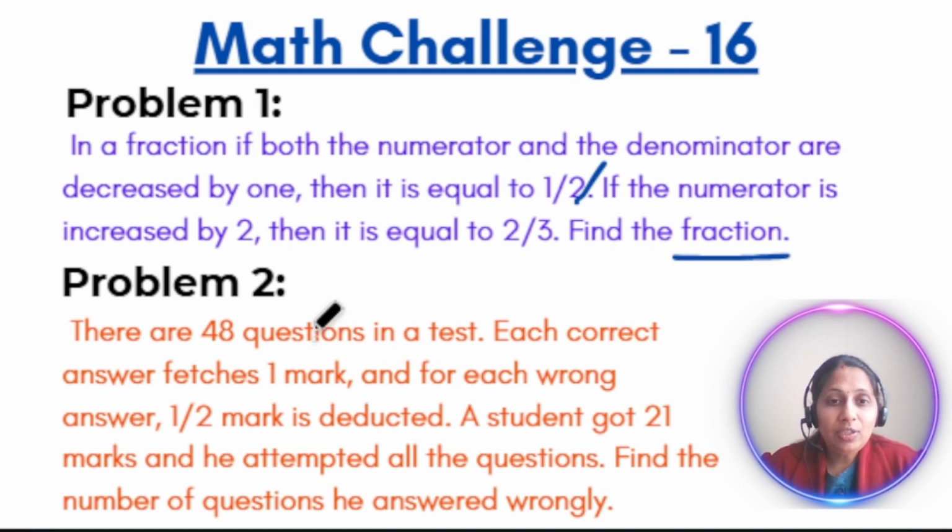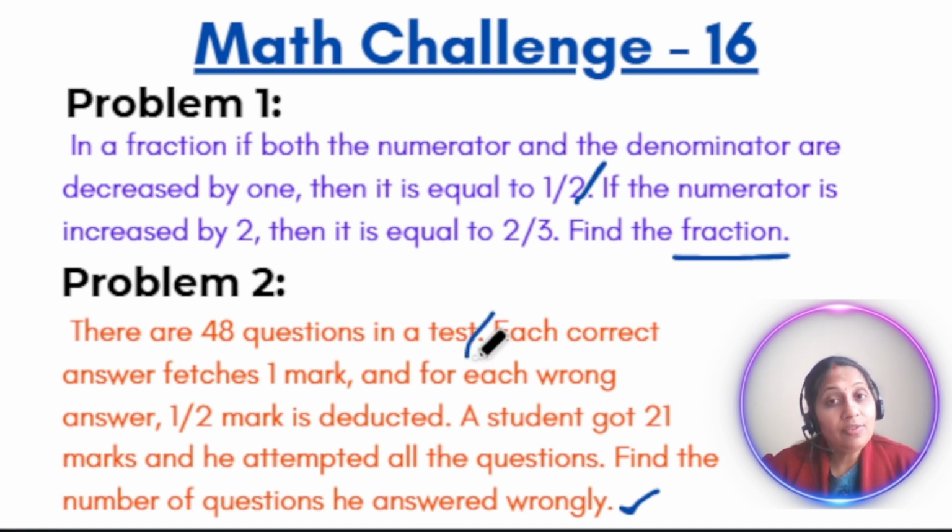Problem number 2: there are 48 questions in the test. Totally there are 48. Each correct answer fetches 1 mark, and for each wrong answer, half a mark is deducted. A student got 21 marks and he attempted all the questions. Find the number of questions he answered wrongly. So there are 2 scenarios.